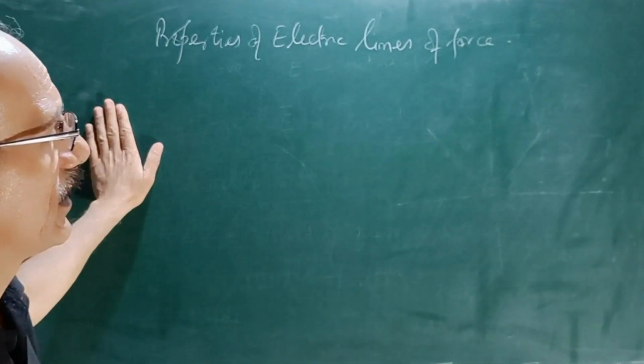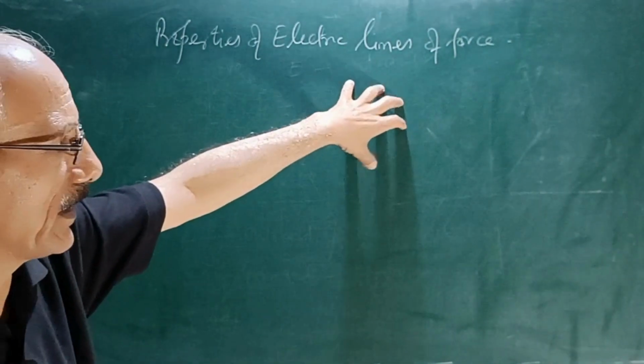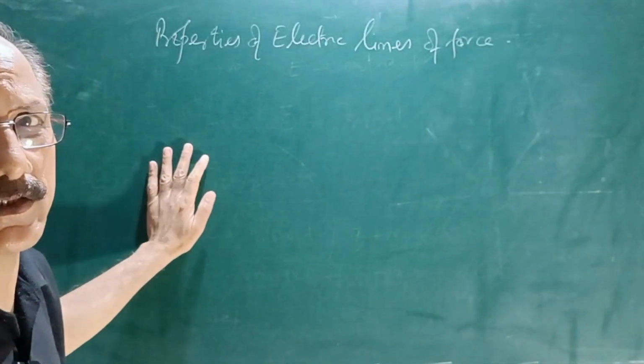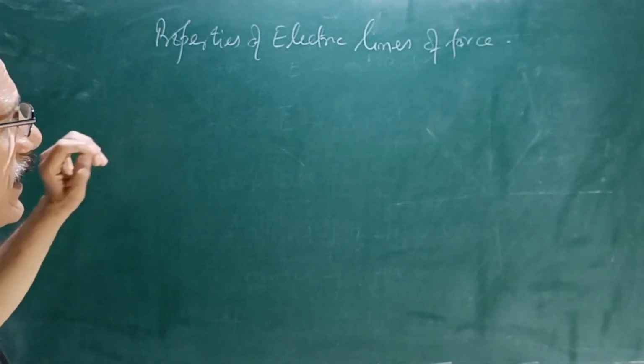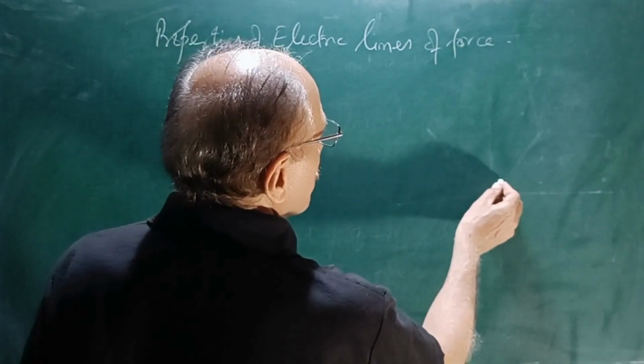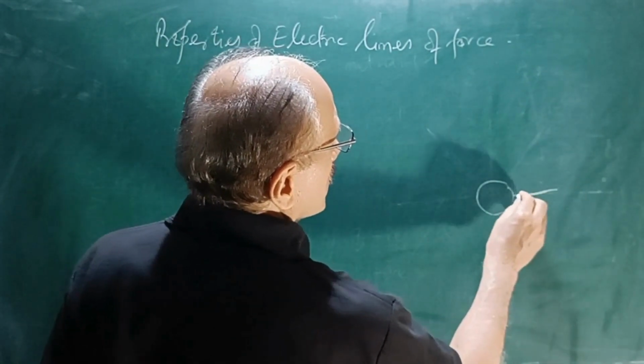If it is a negative charge, then they are going to merge into the charge. Second is they will shoot always perpendicular to the surface of the charge.